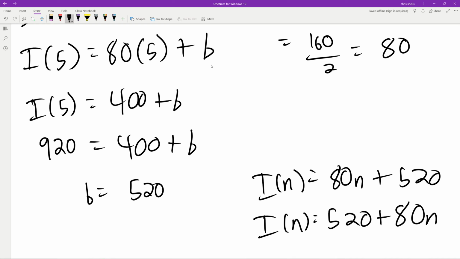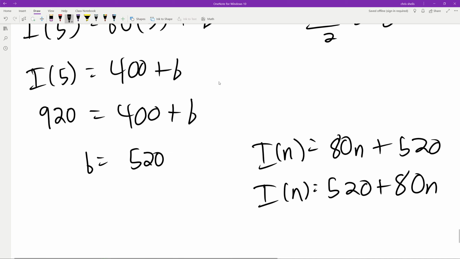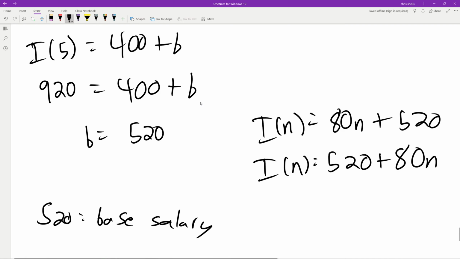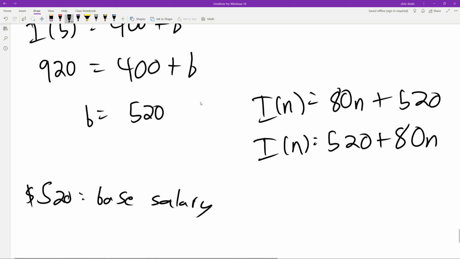Here, Ilya's base salary is $520 a week. 520 is the base salary. And $80 is the commission for each insurance policy he sells. This is the commission for each policy sold, because this is changing, right? This 80 is a rate of change.